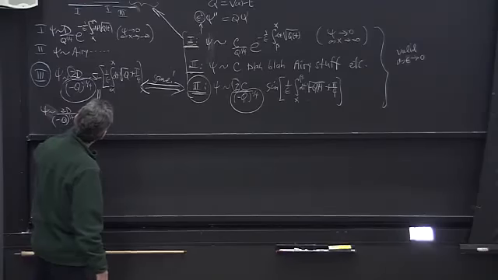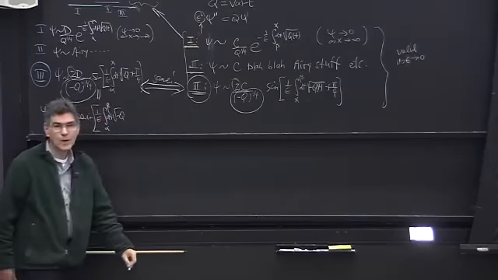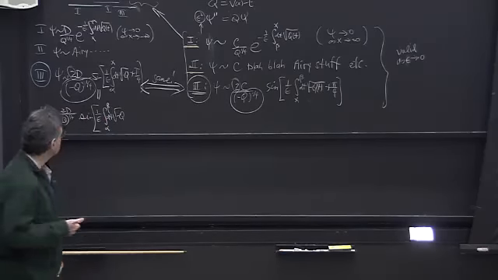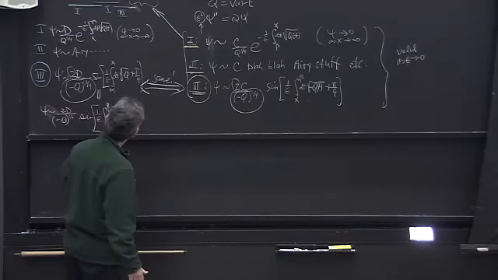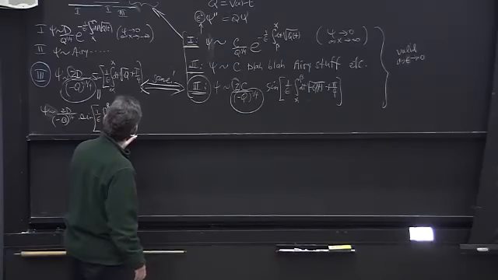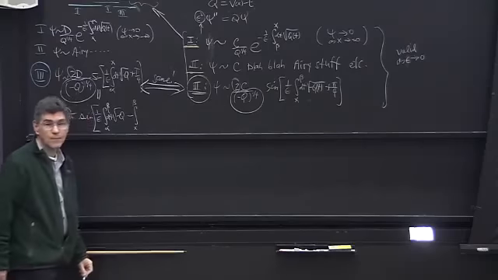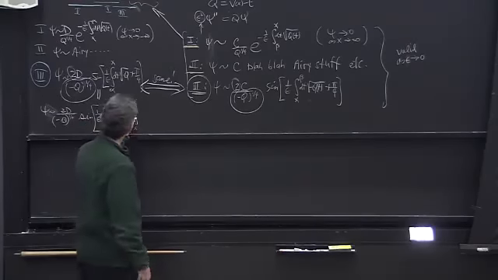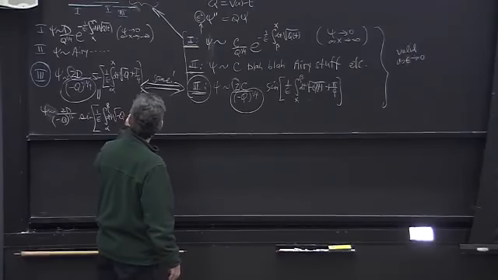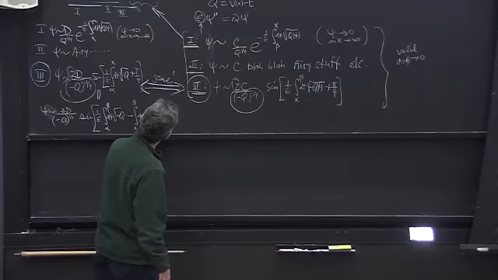Let's do that. 1 over epsilon integral from alpha to beta dt square root of minus q. And then we'll compensate for that by subtracting off what we just added on, which is the integral from x up to beta, dt square root of minus q. And then there's plus a pi over 4.